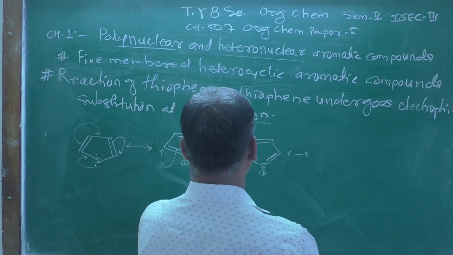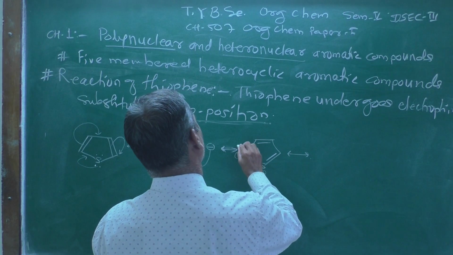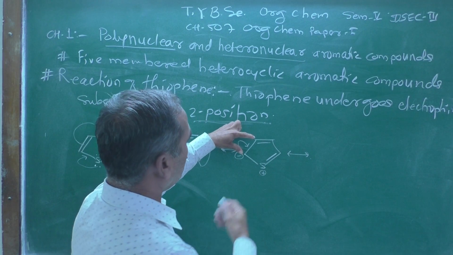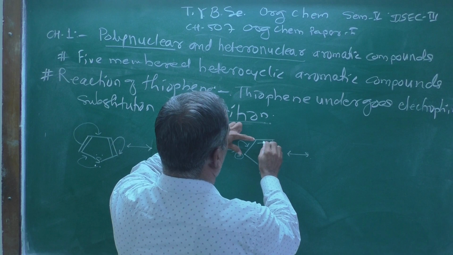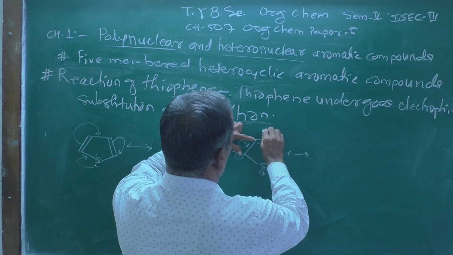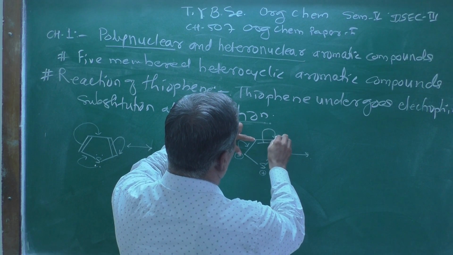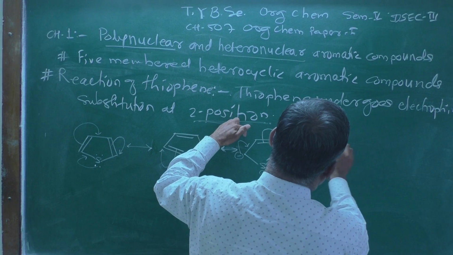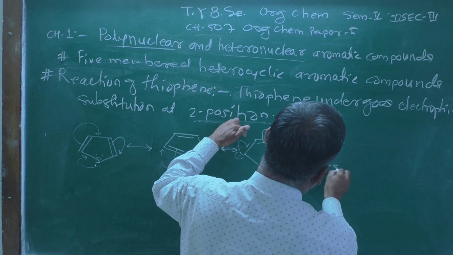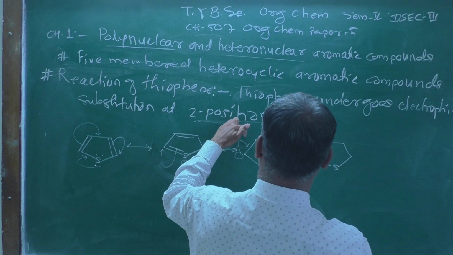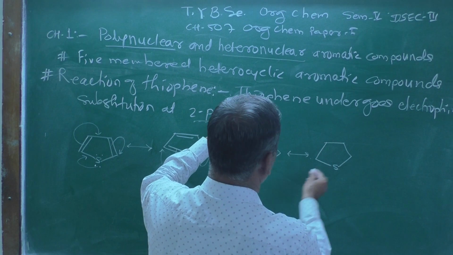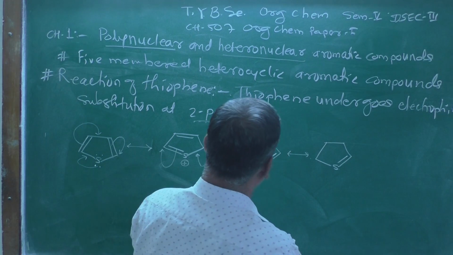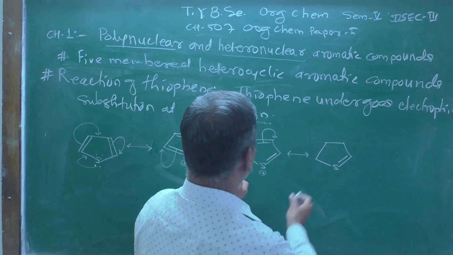Now this negative charge forms a double bond between these two carbon atoms, pushing the electron density to this corner point, so that we get another structure. See this structure carefully. Now this double bond is as it is. What are the changes we made?